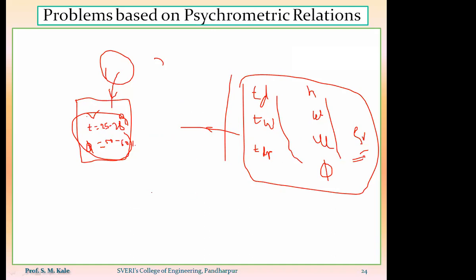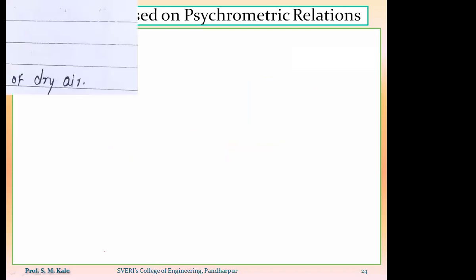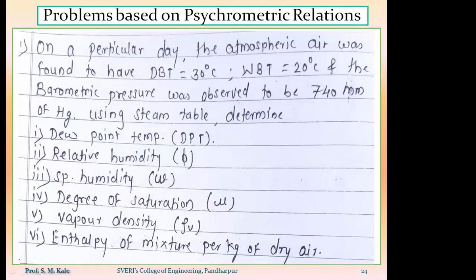With the help of these relations, if I know any 2 or 3 parameters related to the atmospheric air, then by using these psychrometric relations, I can find out all the remaining parameters. How can I find them? For that purpose, we will take one example as a numerical.